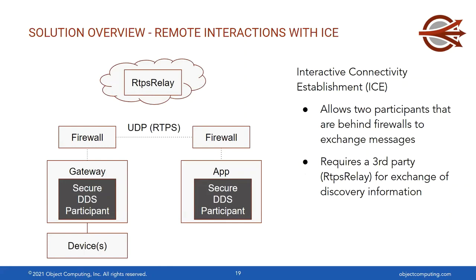Okay, so moving on. The third interaction, and this is kind of between the two, is the idea that two participants can interact from firewall to firewall. They can do this using a technique called interactive connectivity establishment, ICE. This is a protocol that is based on a similar protocol called STUN, which allows them to perform connectivity checks.